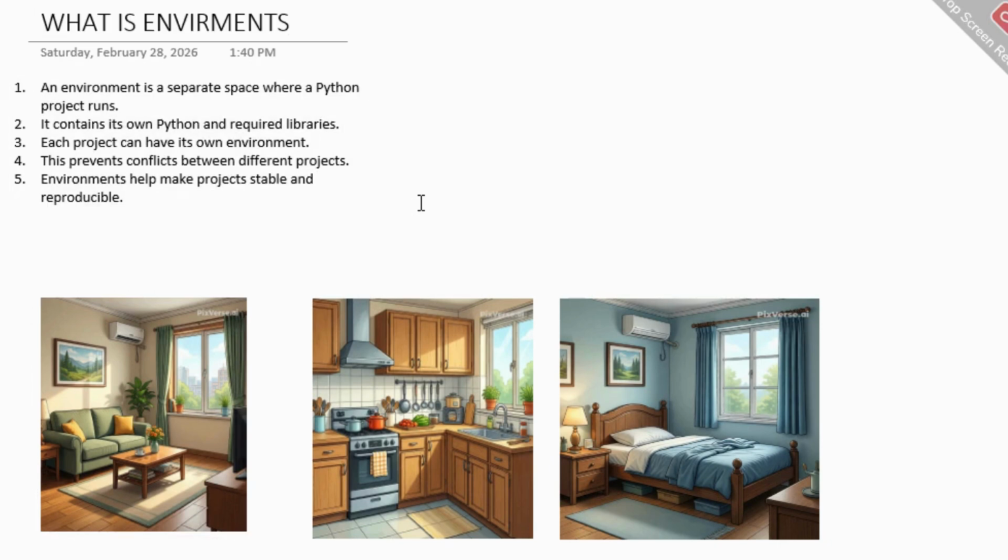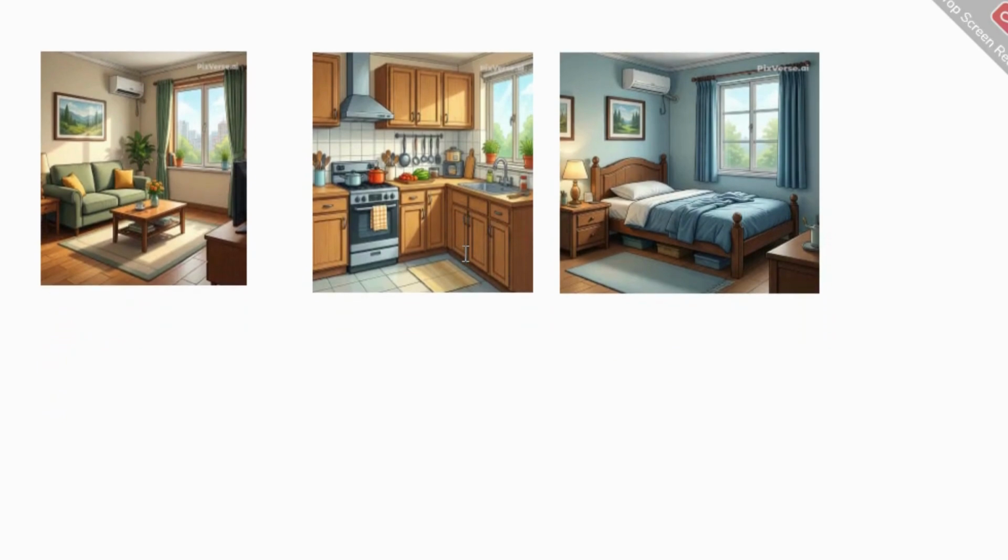Let me explain this with a very simple example. On the screen you can see three pictures: a living room, a kitchen, and a bedroom. In a house, we create separate spaces for different tasks.